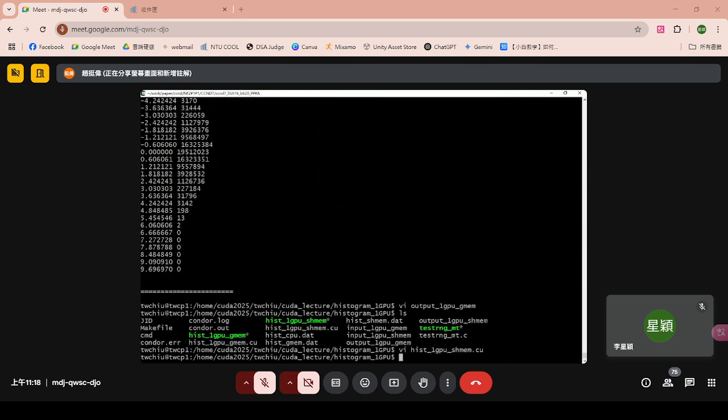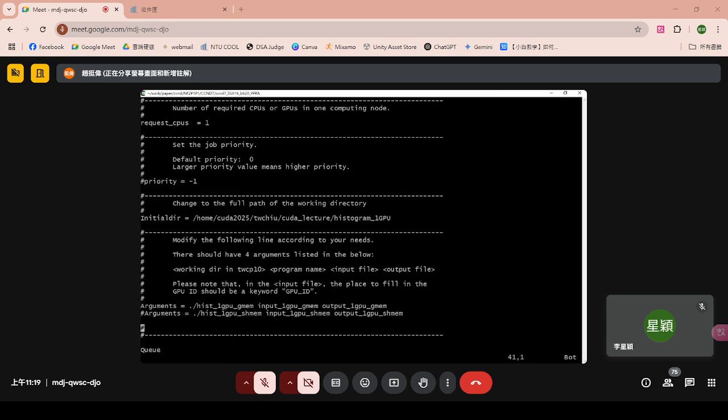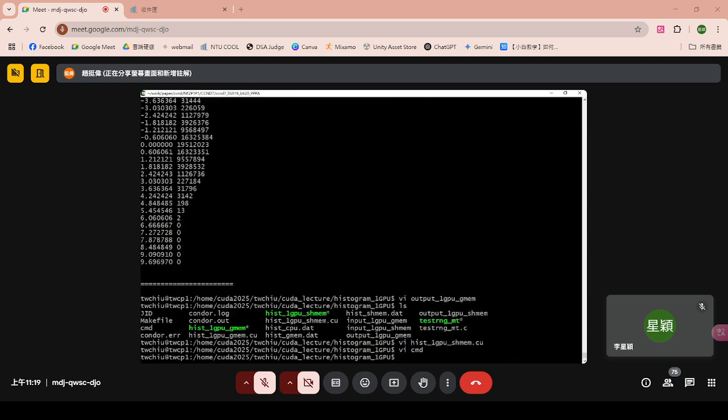So let me see how it runs on the GPU with the shared memory. Let me switch to using the shared memory.